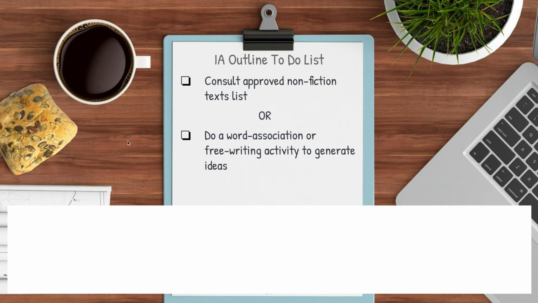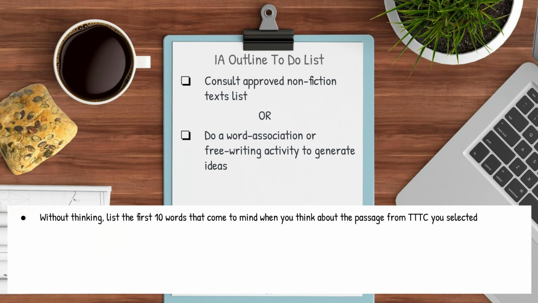So for the one I'm going to use, I would say, without thinking, list the first 10 words that come to mind when you think about the passage from The Things They Carried that you selected, right? So, grunt, military, Vietnam, young, etc. List all 10 of your words.